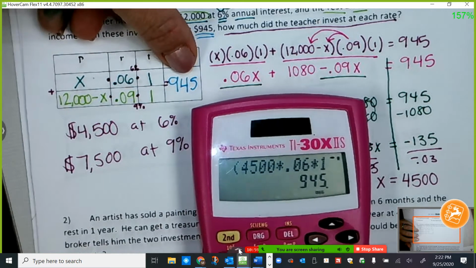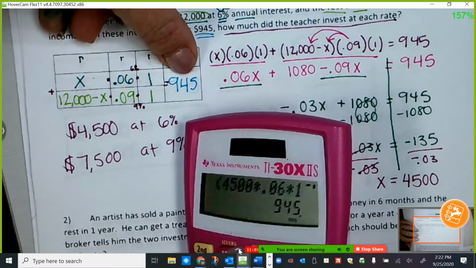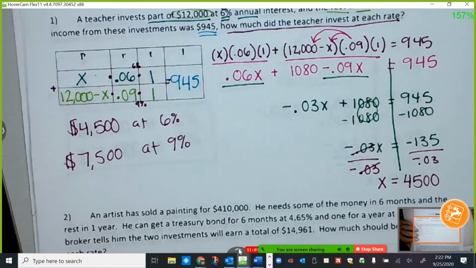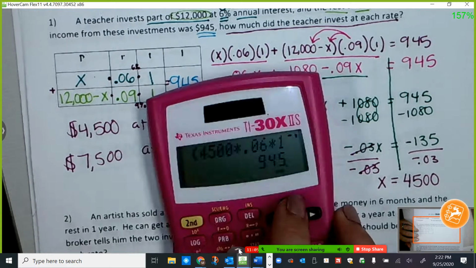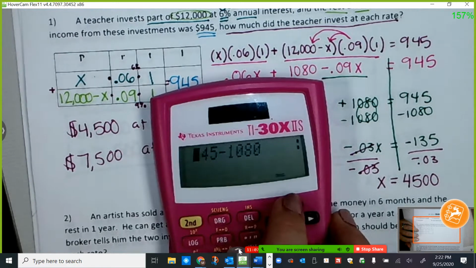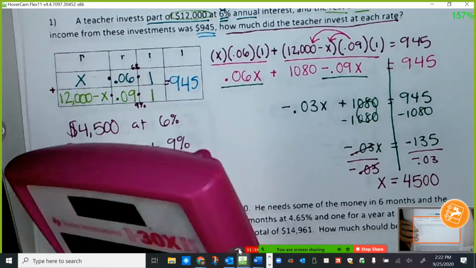Did it? Yeah, so you can definitely check your work. It's kind of annoying typing that much in your calculator, but it's totally possible. Okay?